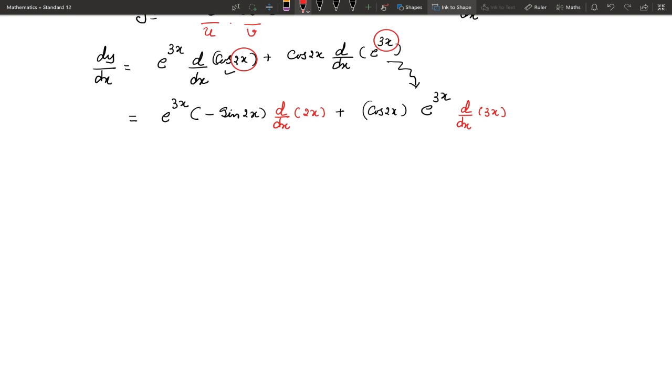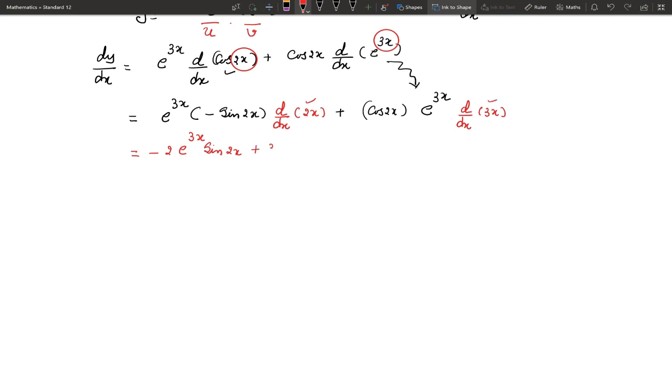Now we differentiate this thing. So the answer: this minus sign, d by dx of 2x is 2. So minus 2 e raised to 3x sine 2x. Here d by dx of 3x is 3.